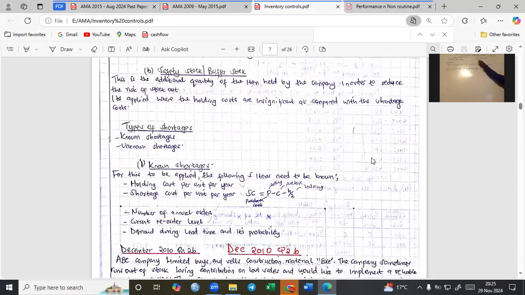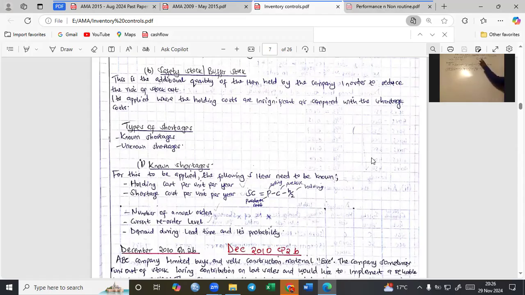So apart from what you hold in the stock, on my screen, if you can see it, I had written Q/2 plus safety stock. Apart from what you are holding, you add extra safety stock in case of emergency. So this is an additional quantity of item held by the company in order to reduce the risk of stock out.